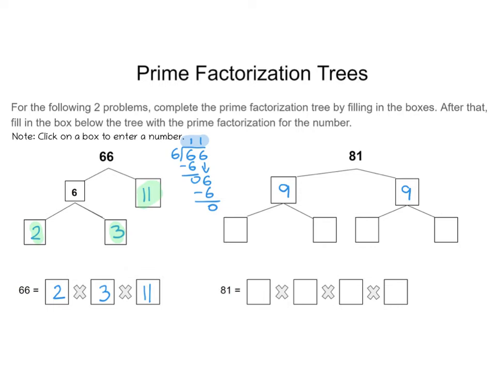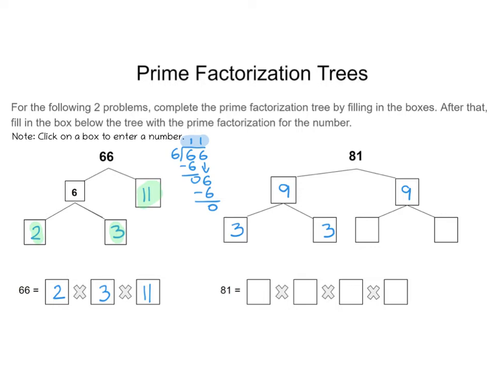Now in this next step, I'm thinking 9 can be split into which two numbers I can multiply to get 9. And that is 3, and this is 3. So 3 times 3 is 9. If I'm going too fast, just pause the video and catch up with writing.